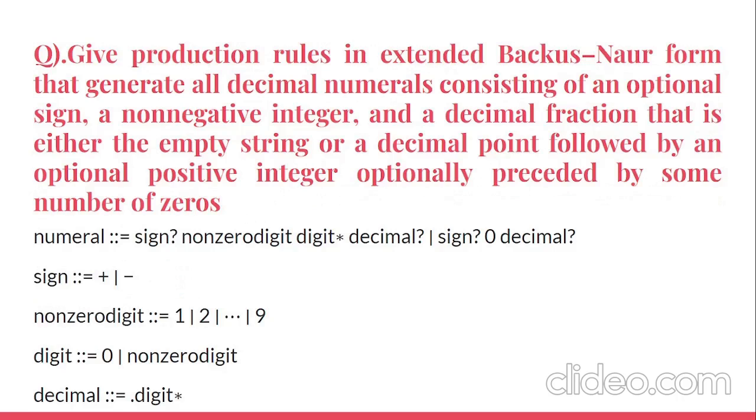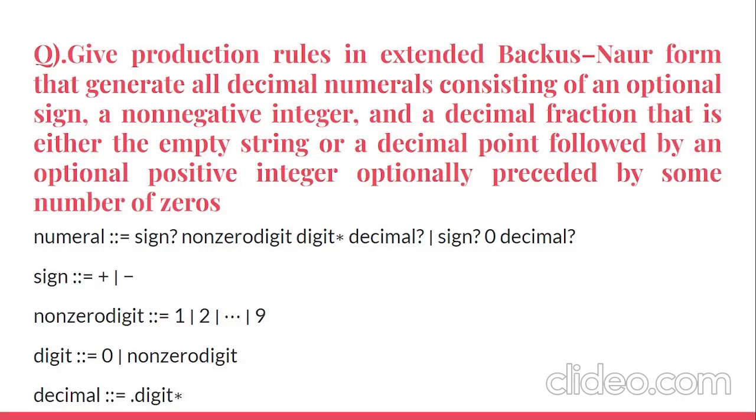The next question we were given is to give the production rules in extended Backus-Naur form that generates all the decimal numerals consisting of an optional sign, a non-negative integer, and a decimal fraction that is either the empty string or a decimal point, followed by an optional positive integer, optionally preceded by some number of zeros.